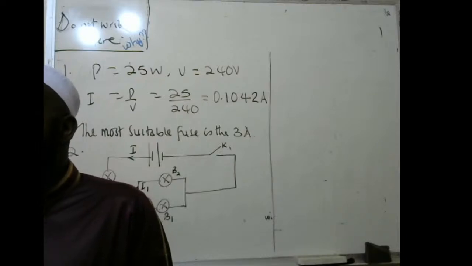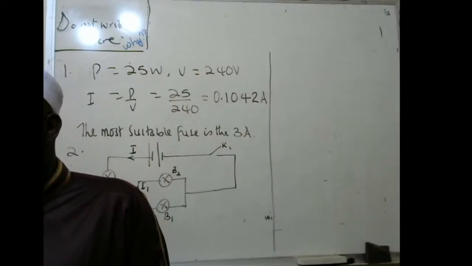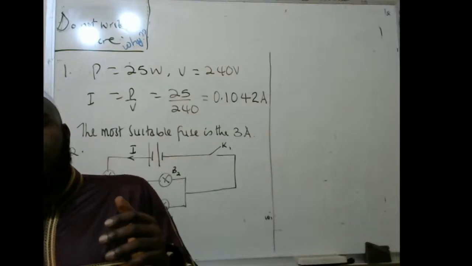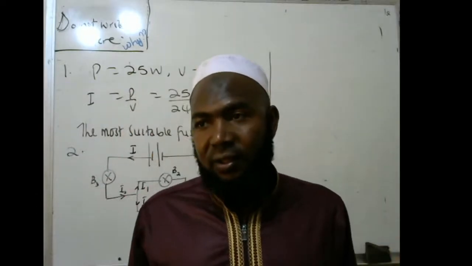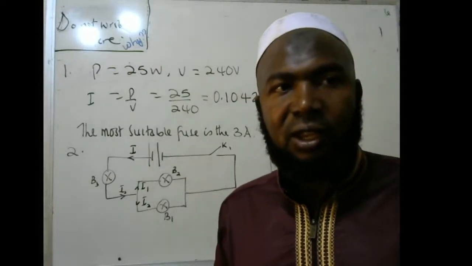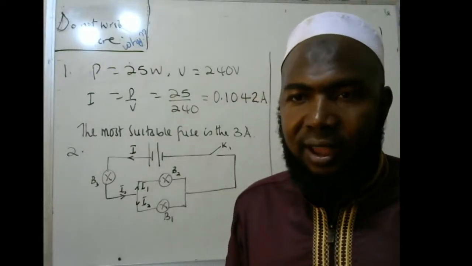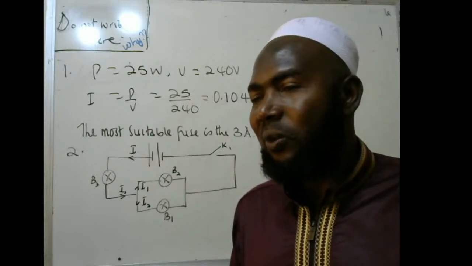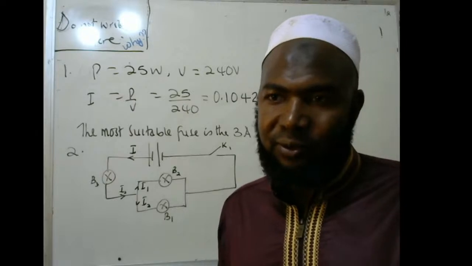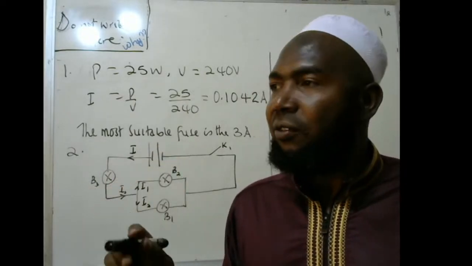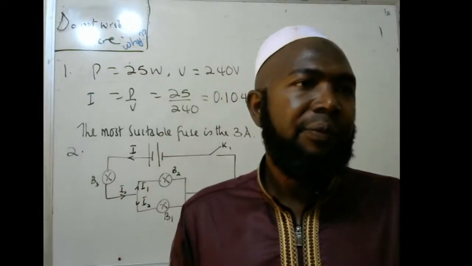But this time around, we only want the function, so you don't need to tell us its structure. It blows to disconnect the circuit in case the current in the live wire exceeds a safe value, or a rated value: the value that is indicated on it, or the value that is safe for it to work.